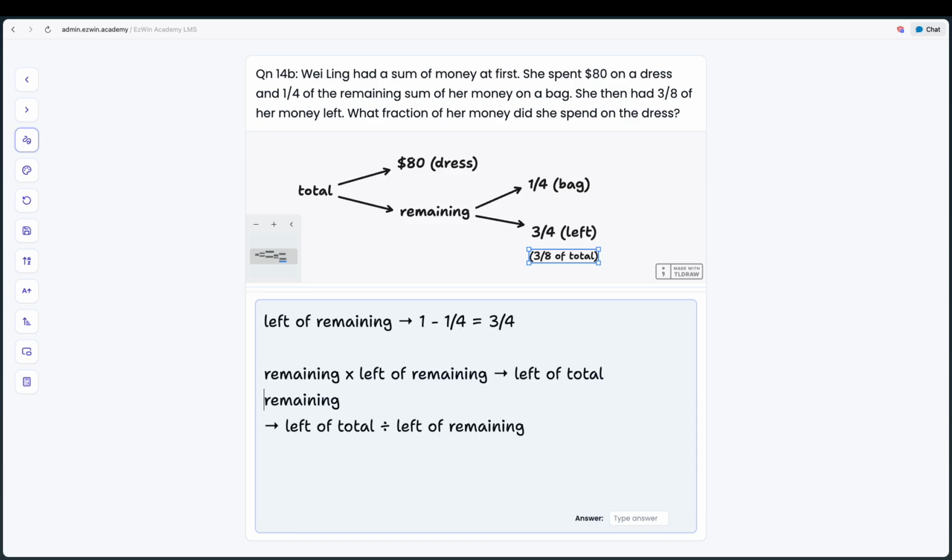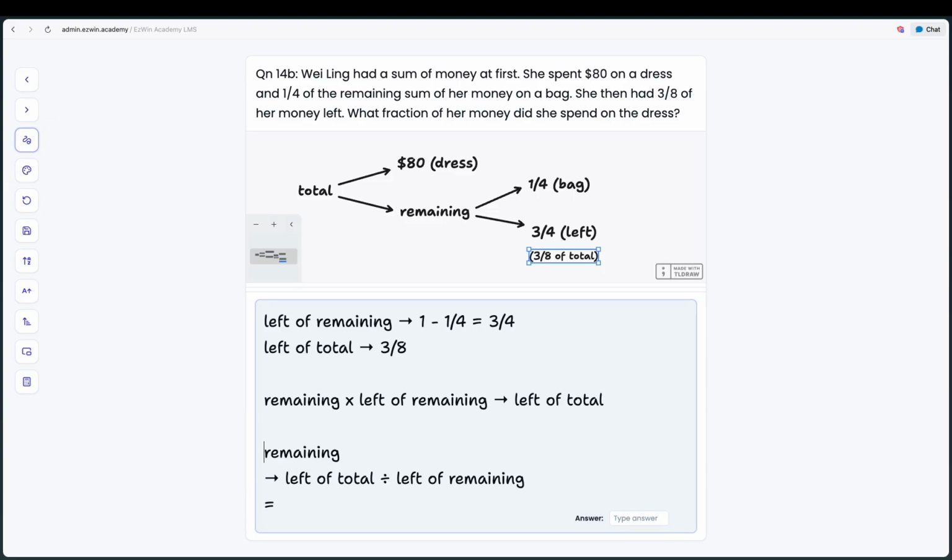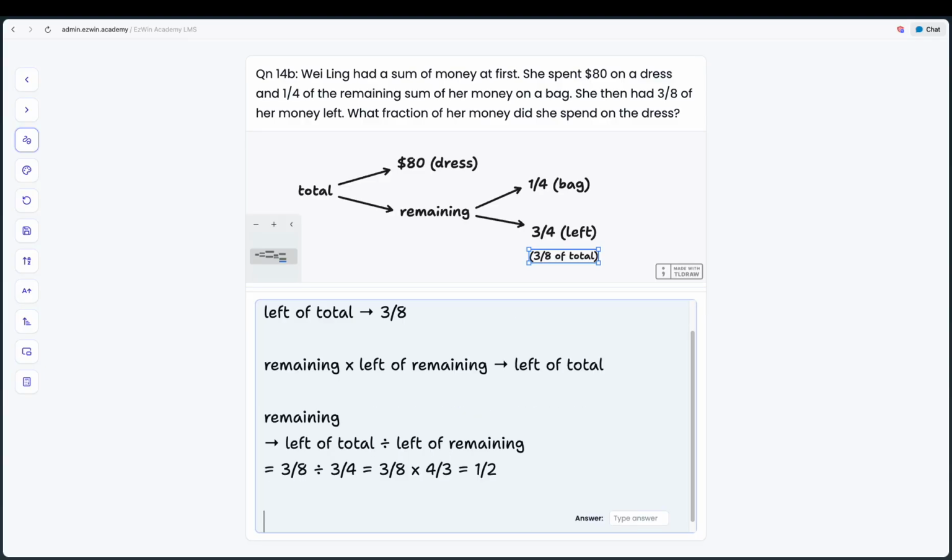Left of total is 3/8, divided by 3 out of 4, which is 3 out of 8 times 4 out of 3, and this should be half. Since remaining is half, the dress is basically 1 minus half. This gives us half. So the answer is half.